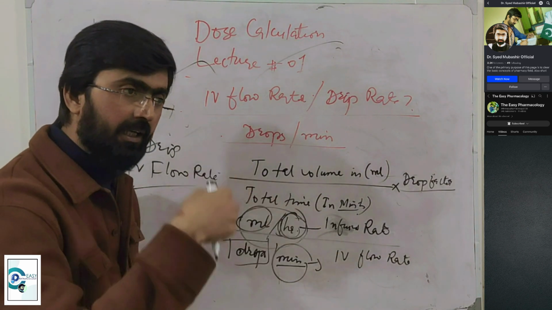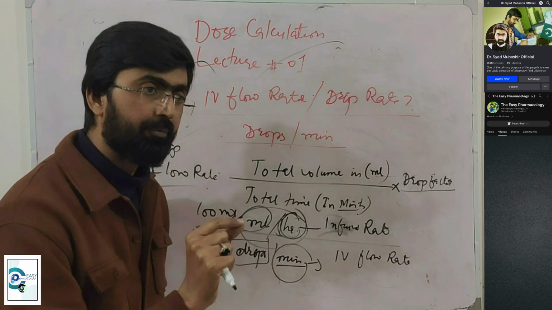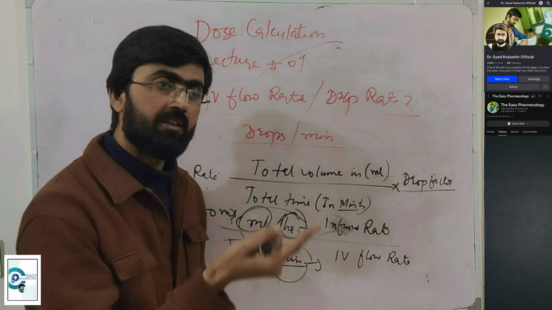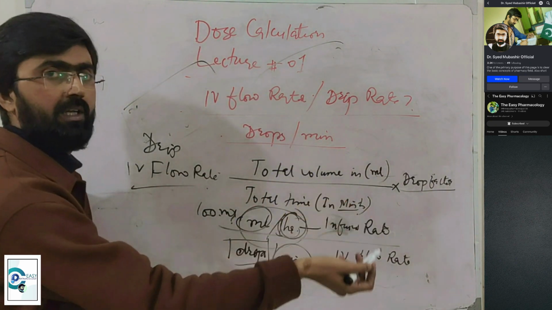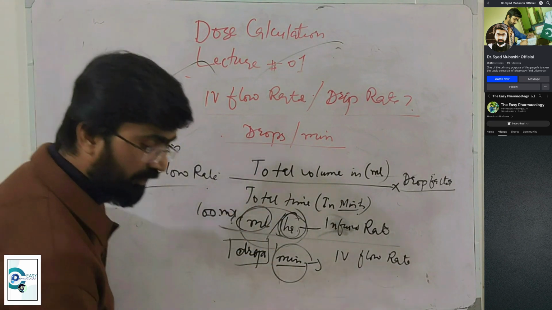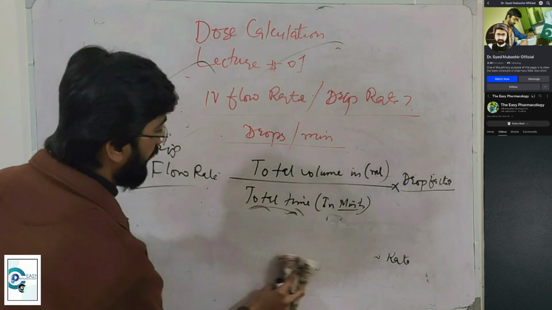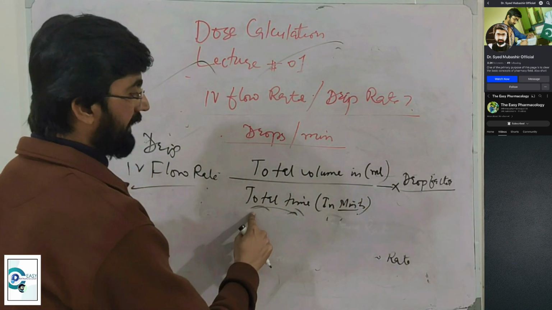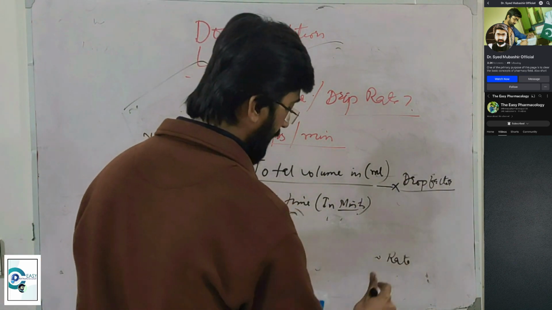So obviously there is a need to calculate how many drops should fall in 1 minute. If this is calculated, this will deliver the given quantity in 1 hour. So the formula to calculate this drip rate is: total volume in ml divided by total time in minutes and multiplied by drop factor.